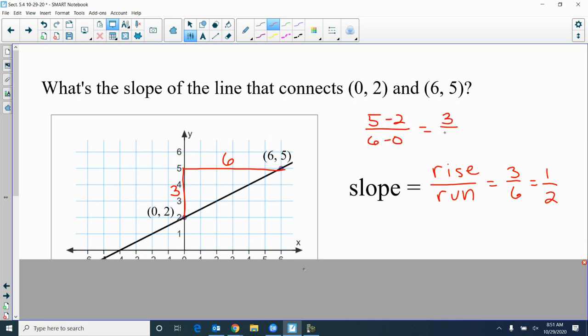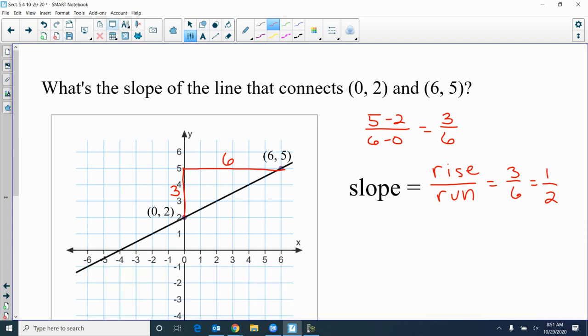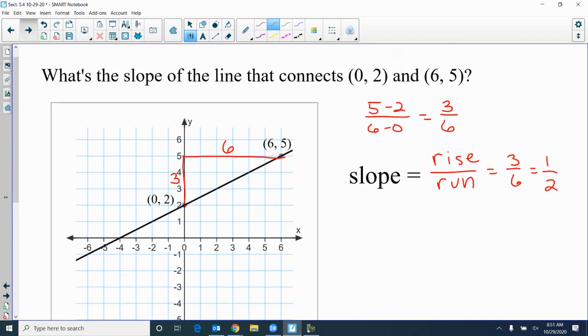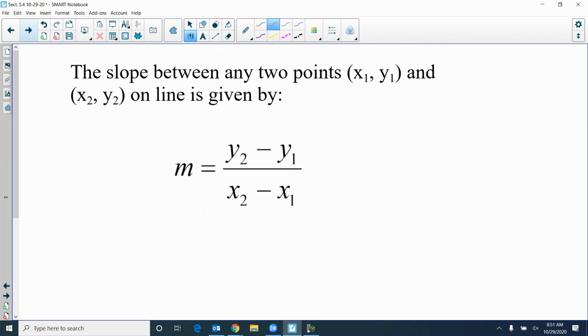So 5 minus 2 is 3, 6 minus 0 is 6. That reduces to 1/2. So you can do this without drawing it out. If you have the picture in front of you, life's a little bit easier, but you can figure it out without drawing it. Just like Jordan said, I'll take the difference between the y's and the difference between the x's. That leads us to the slope formula.